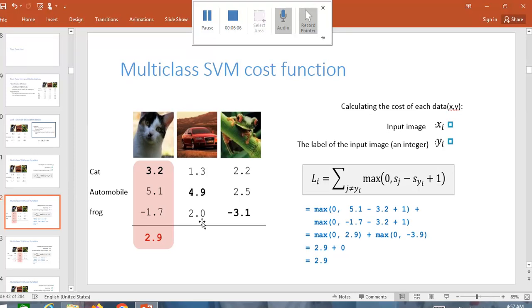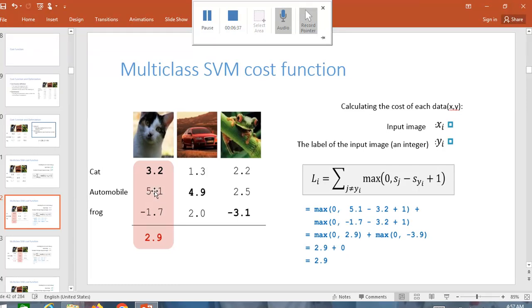But in the case of the first data, the correct class is cat and its score is 3.2, and here the score corresponding to the automobile class is 5.1.